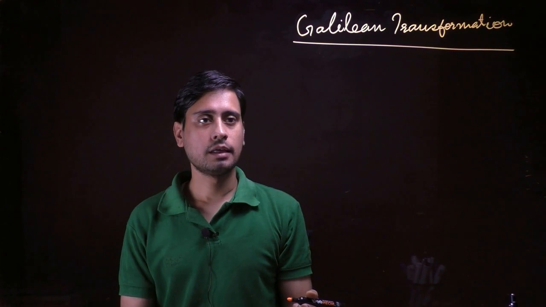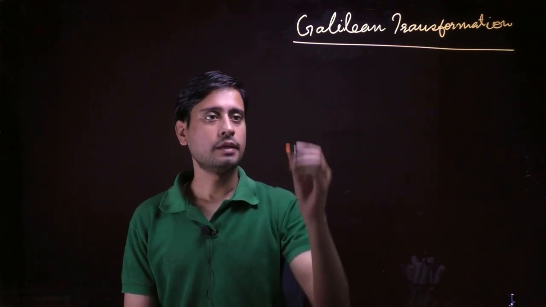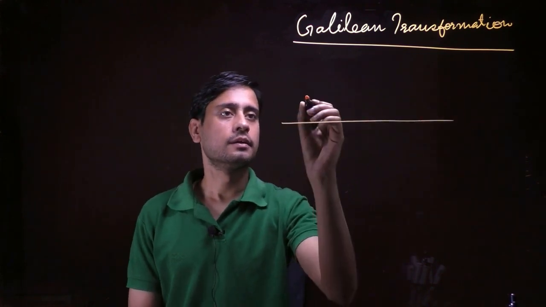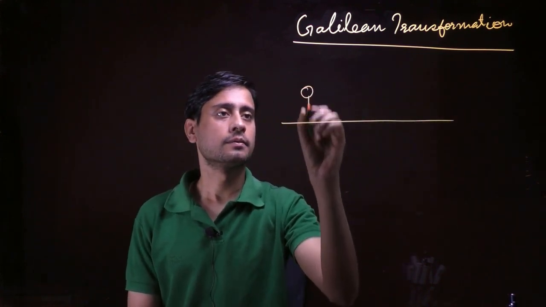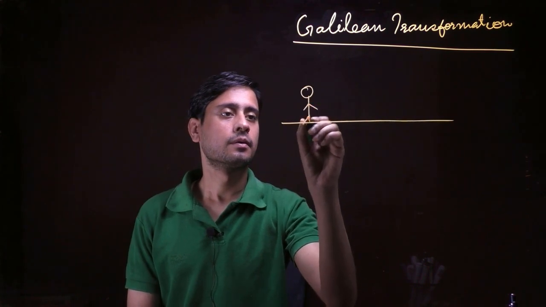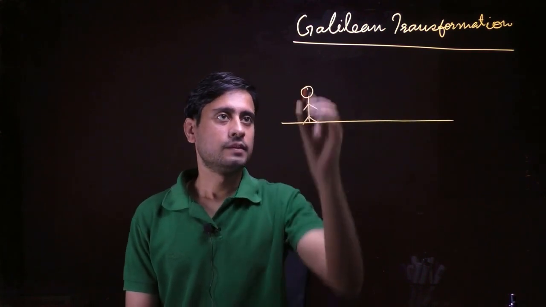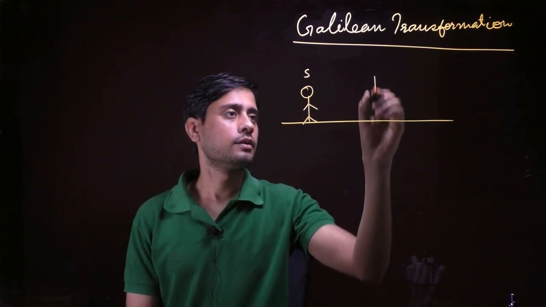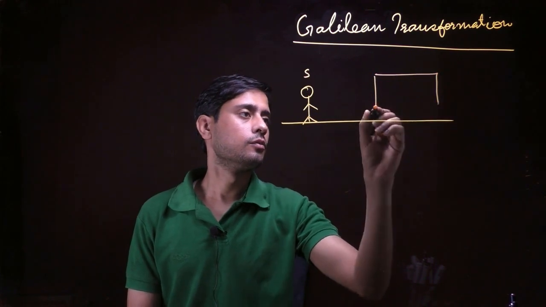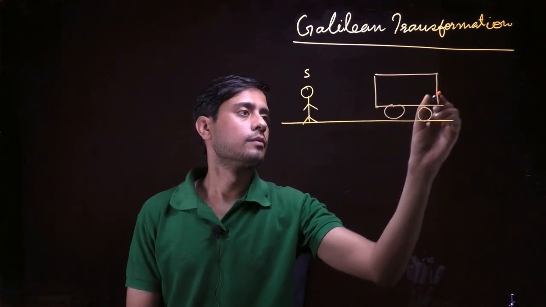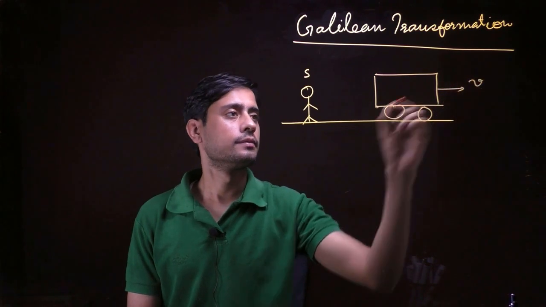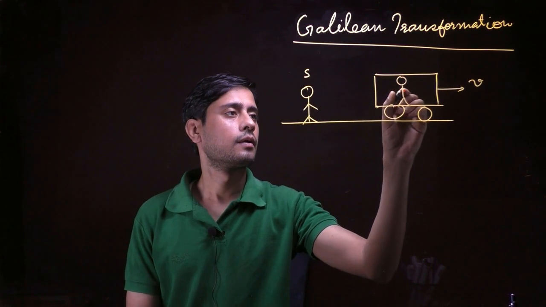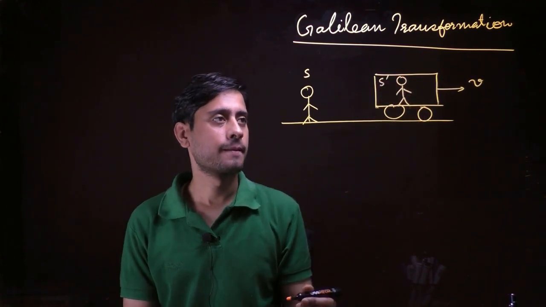To understand the Galilean transformation, just imagine two observers. One is at rest on the ground, which is S, and the other observer is in a vehicle moving with some velocity V. So this observer is S prime.